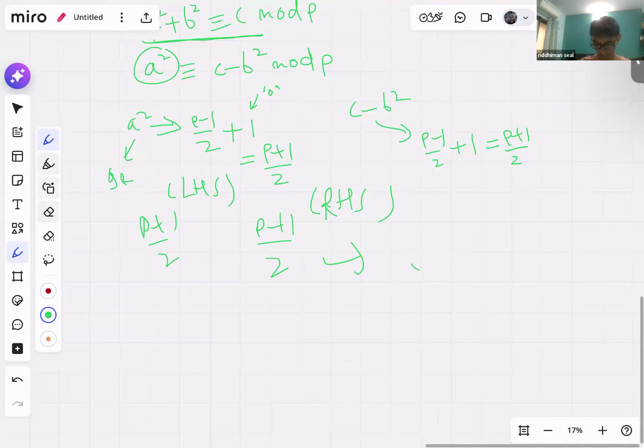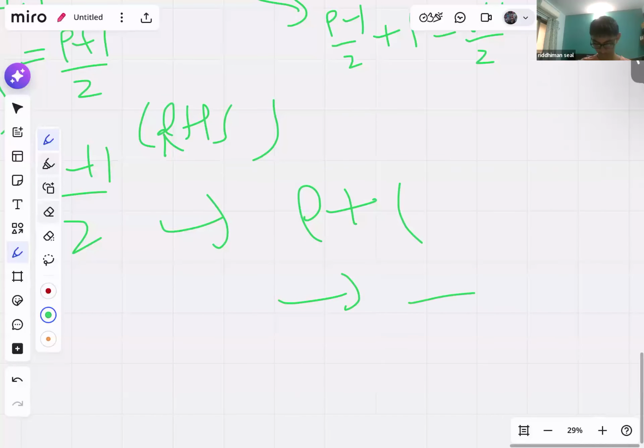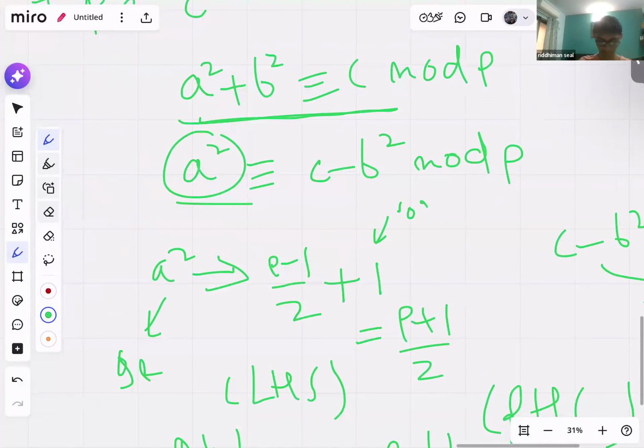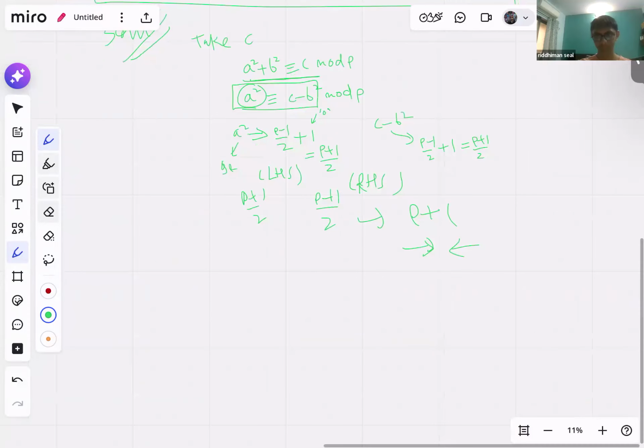That would give us P plus 1 distinct remainders, which is false. Or you can also think of it this way. By PHP, there has to be some overlap, and that overlap will give us a solution. Does that make sense? Is that clear?